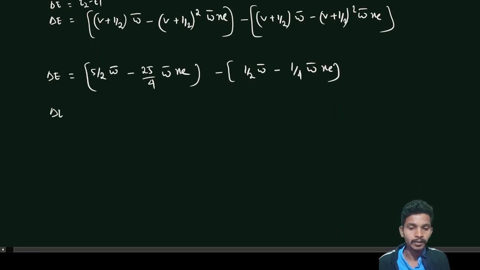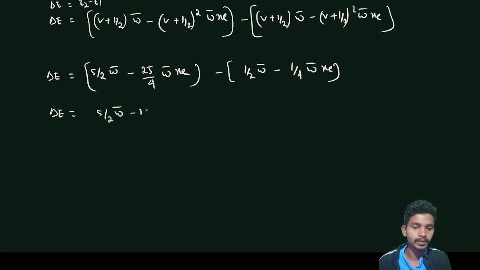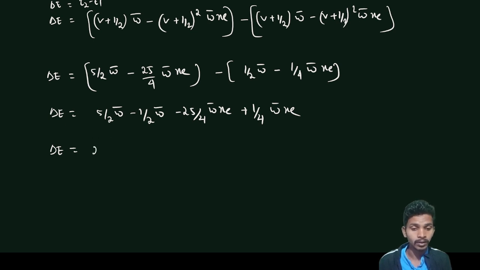So if I do it, then what value will I get? This is 5 by 2 omega, and I will take minus 1 by 2 omega, and I will put minus 25 by 4 omega xe, and this minus minus becomes plus 1 upon 4 omega xe. So delta E is equal to how much? 4 omega, and this value will become minus 24 by 4, that is equal to 6 omega xe.